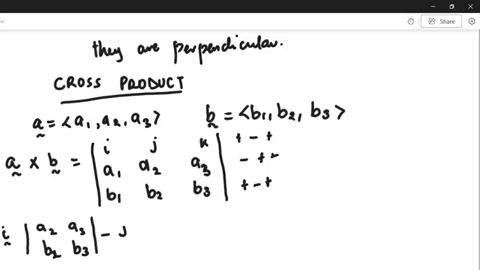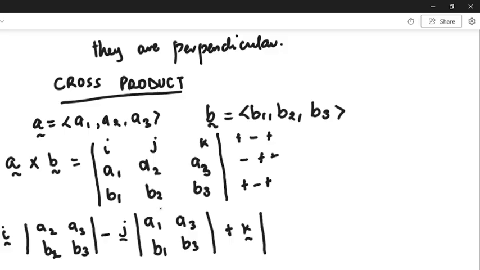So minus J. Here we delete row 1 and we delete column 2 where the J is. So if you delete, you're left with A1, A3, B1, B3, plus we have K. So here we delete where K is.